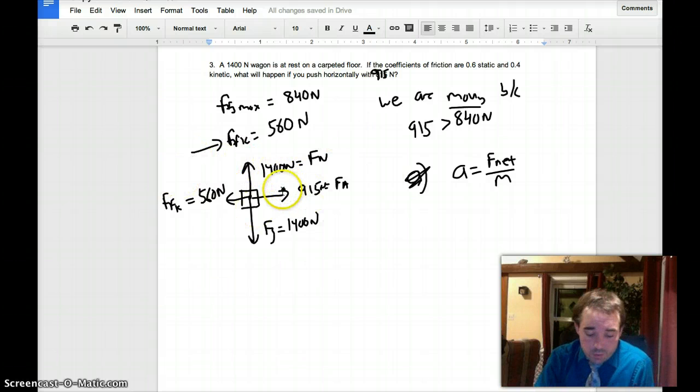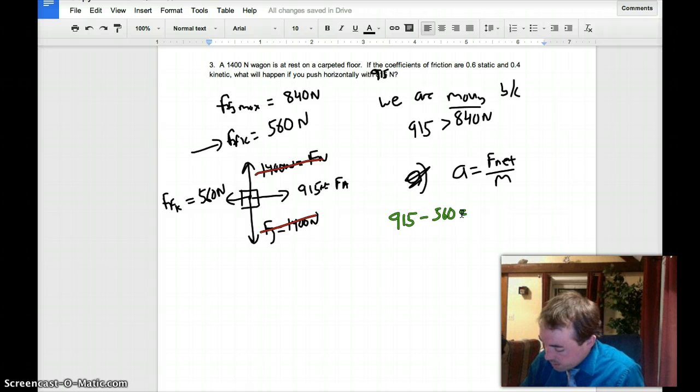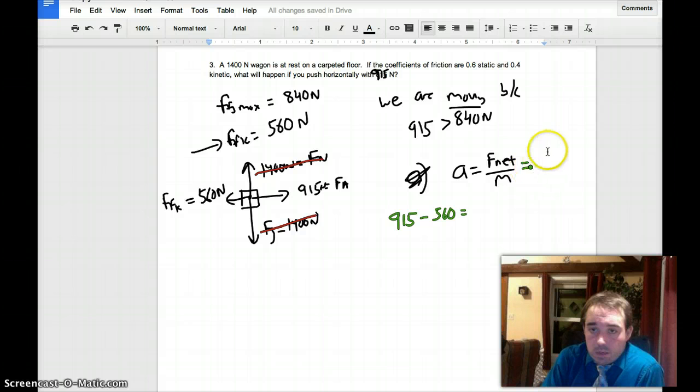The 1400 cancels with the 1400. 915 and 560 are in opposite directions, so our net force is positive 915 minus 560, which is 355 to the right, divided by our mass.